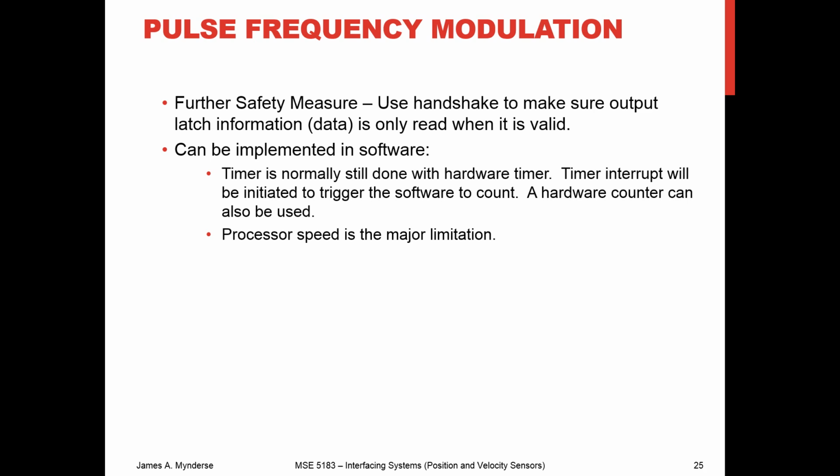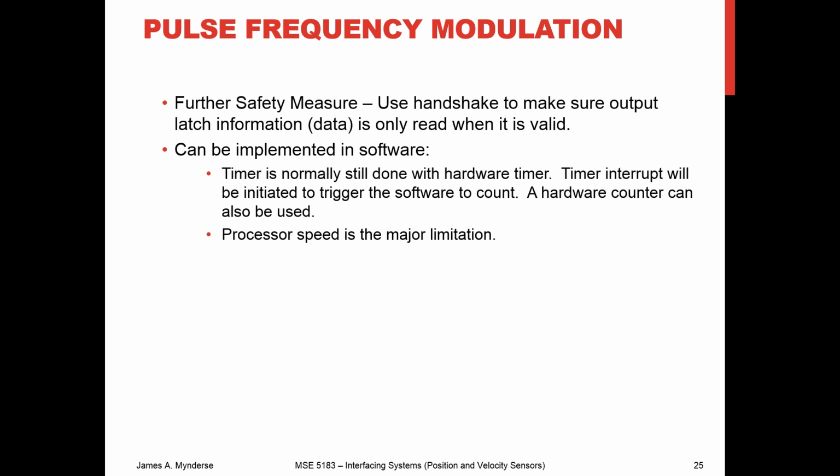You could, so that would be using the micro for the timer. You could use it as a hardware interrupt with a 555 timer. Either way, you're still going to run into processor speed limitations, because if you've got other things going on and you've got this timer and this counting going on, then maybe you're going to be running out of processing power.